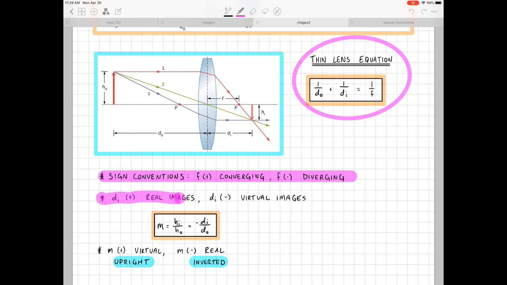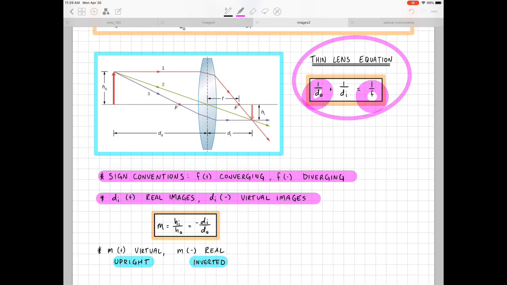The other convention is that real images are going to have positive distances, and virtual images will have negative distances. That will come out just from using the thin lens equation if you plug in an object distance and a focal length. If you solve for the image distance, which is a typical thing to do, and you get a negative image distance, that tells you that your image is virtual.